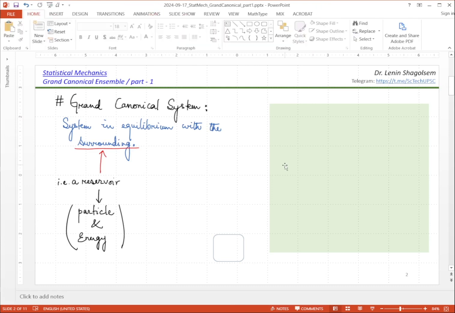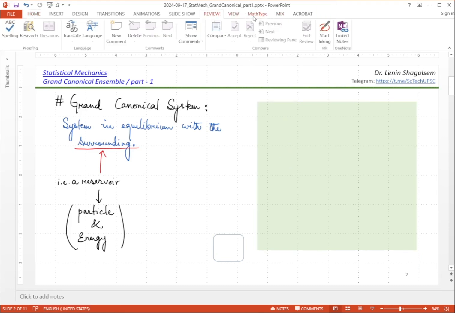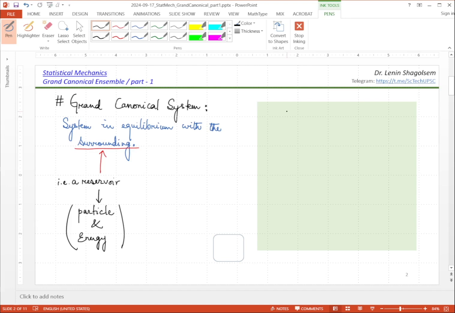So let's just discuss. Imagine that we have this green shaded region. Let's imagine this to be our surrounding. Let's call this the reservoir, and let us name this reservoir A dash.